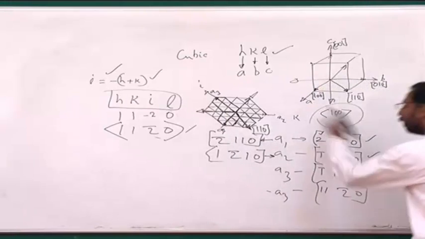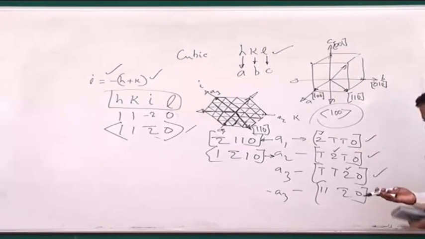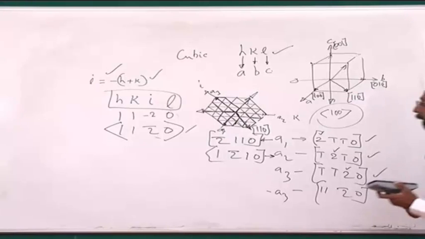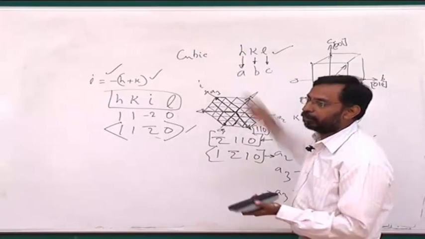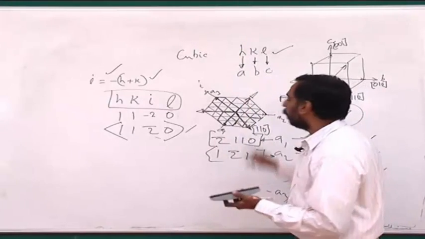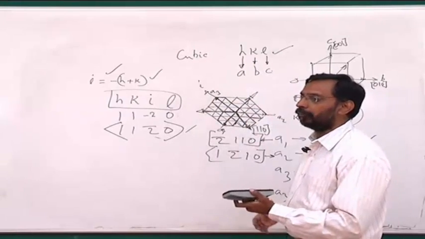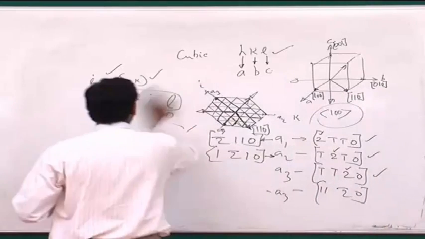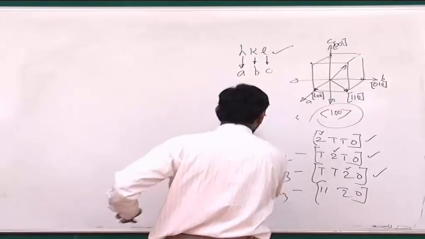And now you don't see that. All 6 of them have entirely similar nature. So this is the advantage of using a 4 indices system, and people have been regularly using it, knowing pretty well that I can convert this 4 indices system into a 3 indices system, because there can be a relation between all of them. So we'll stop with this as far as indices are concerned, and then go into the first part.